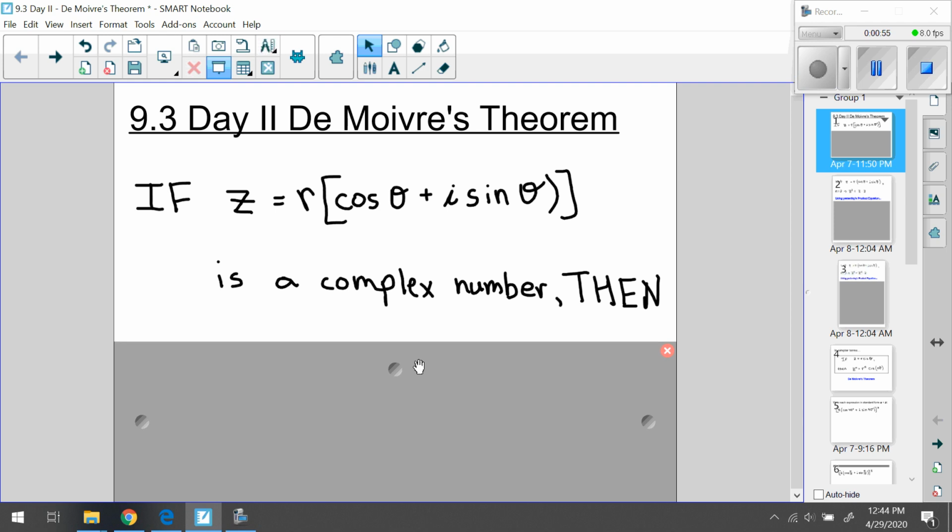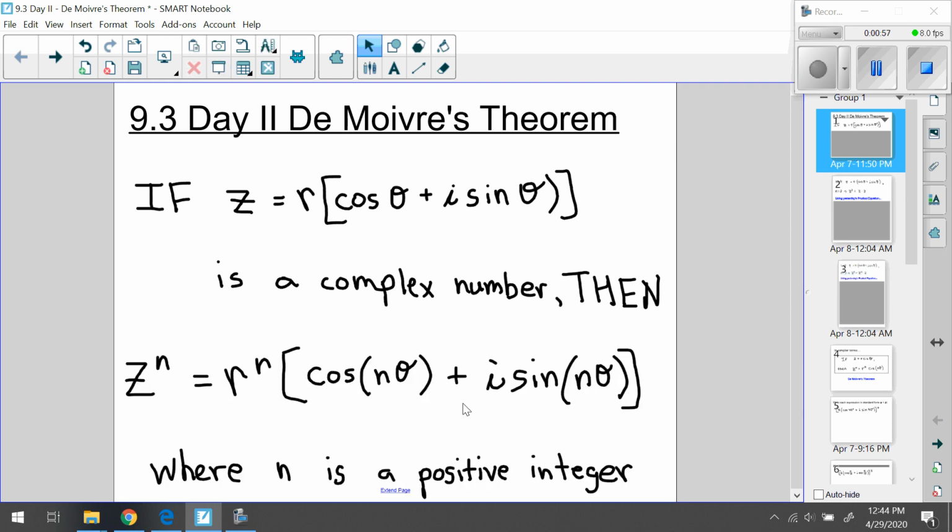And if it is a complex number, then if we raise z to the n power, the result will be r to the n power times the quantity cosine n times theta plus i sine n times theta. And for this to work, n has to be a positive integer.